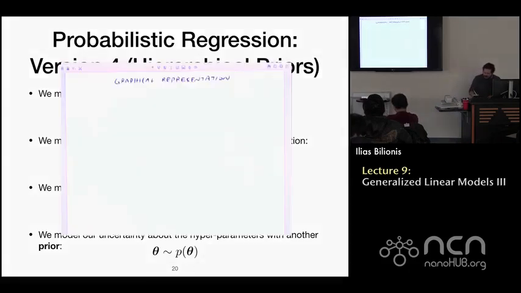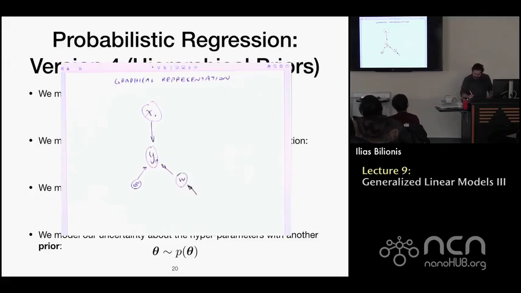And let's draw this model again. So we have xi. Xi is giving us yi. Yi requires w, but it also requires sigma. And now w requires an alpha.